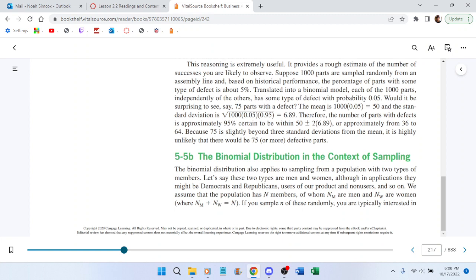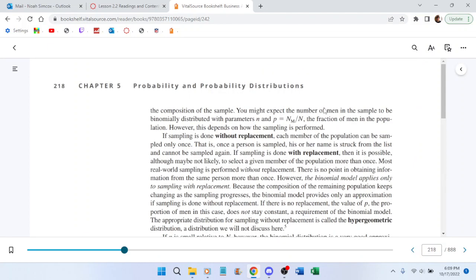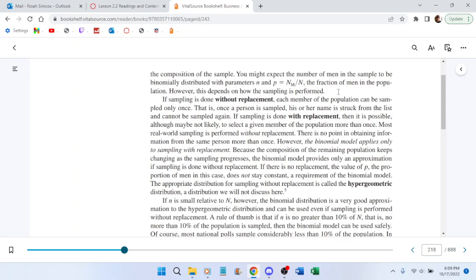The population is N members, of whom M are men and W are women. And if you sample n of these randomly, you are typically interested in the composition of the sample. You might expect the number of men to be binomially distributed. Without replacement, you can only sample each member of the population one time.